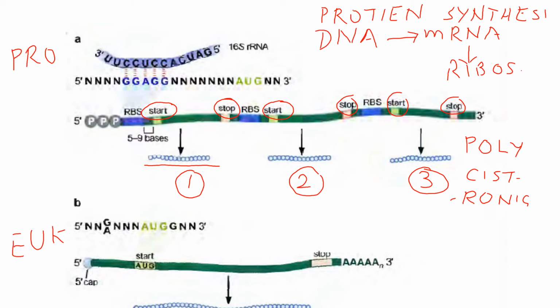So such messenger RNAs are called polycistronic RNAs, and in contrast, in the eukaryotic mRNA, you are seeing that there is only one start site and one stop site, and that is required for synthesis of only one protein, right? So such messenger RNAs are called monocistronic. So you get the term, either the mRNA can be polycistronic or it can be monocistronic, right?